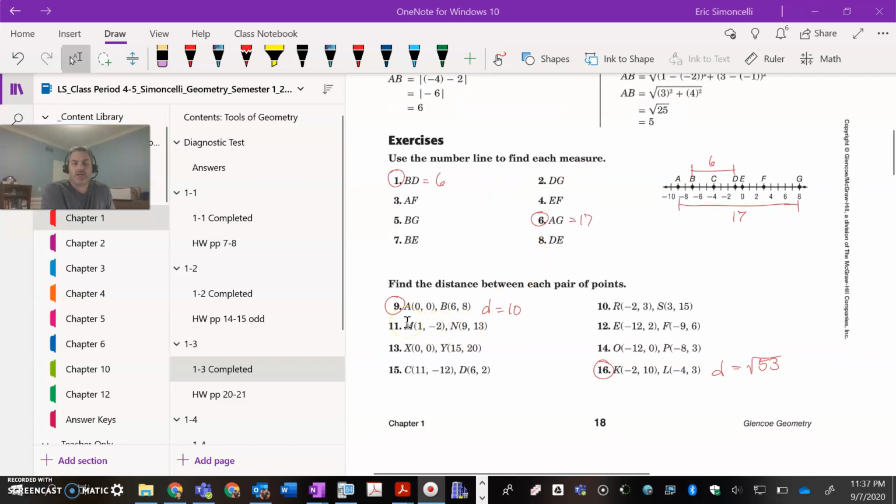Find the distance between each pair of points. So for number 9, if you do the square root of 6 minus 0 quantity squared plus 8 minus 0 quantity squared, you'll get 100, the square root of which of course ends up being 10. I do encourage that you graph this and take a look at the ordered pairs.